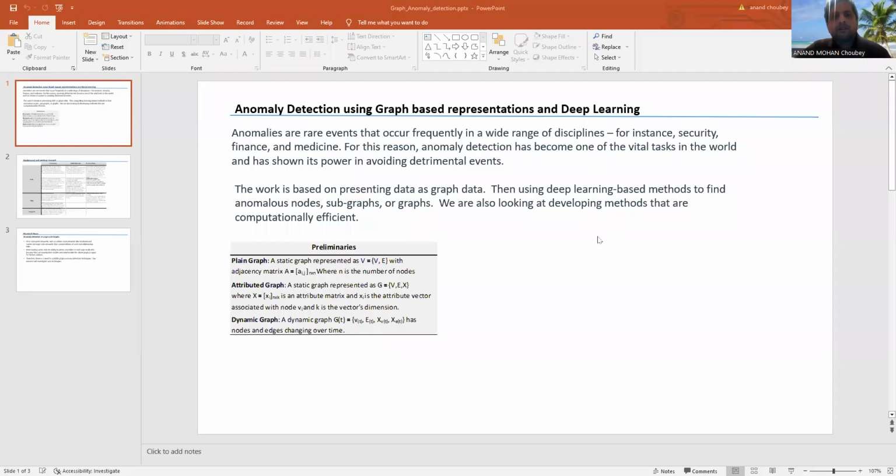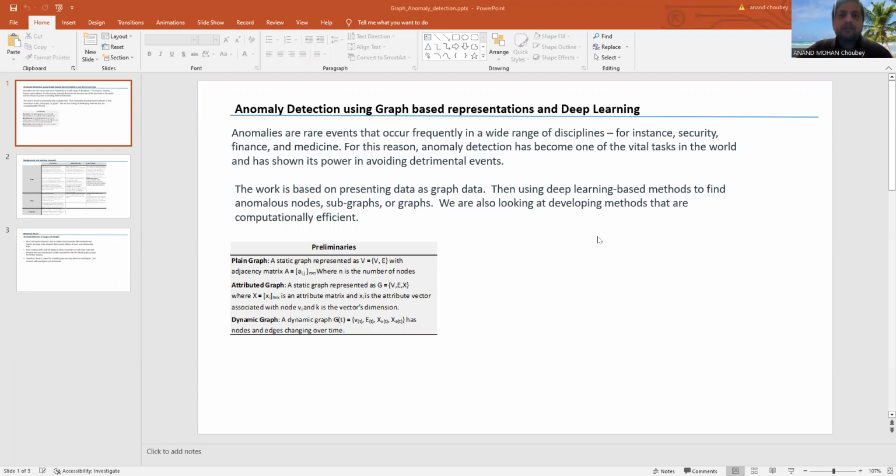So let me start the screen share. As we know, anomalies are rare events that occur frequently in a wide range of disciplines, for instance security, finance, medicine.